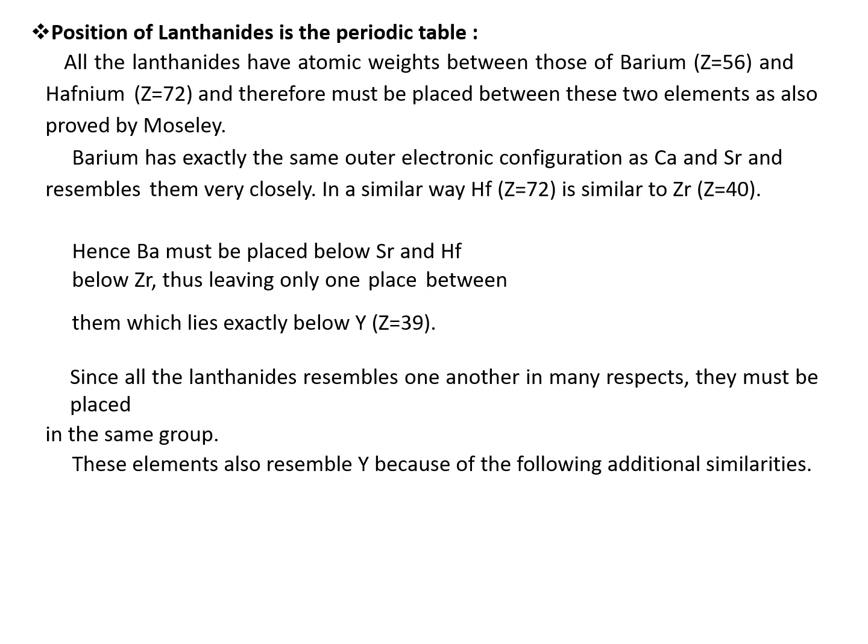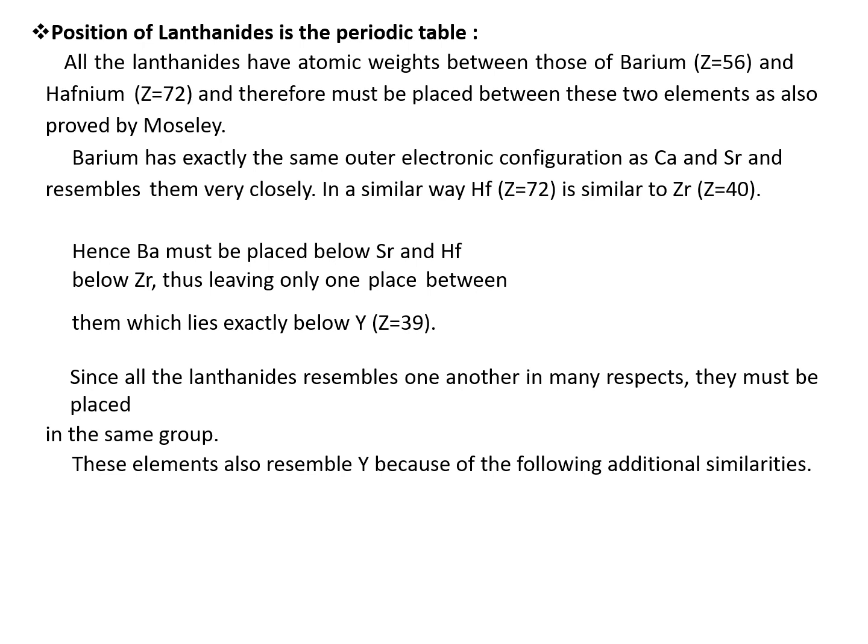Positions of lanthanides in the periodic table. All the lanthanides have atomic weights between barium and hafnium. Therefore, they must be placed between these two elements, as told by Moseley. Barium has exactly the same outer electronic configuration as calcium and strontium and resembles them very closely. In a similar way, hafnium is similar to zirconium.